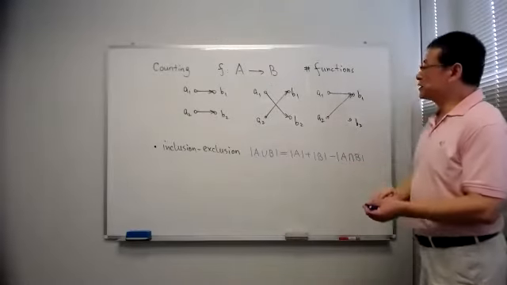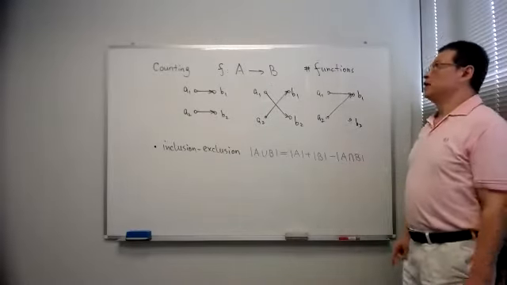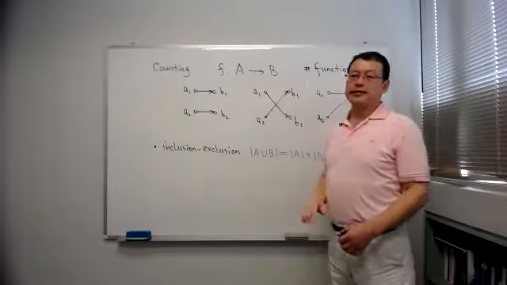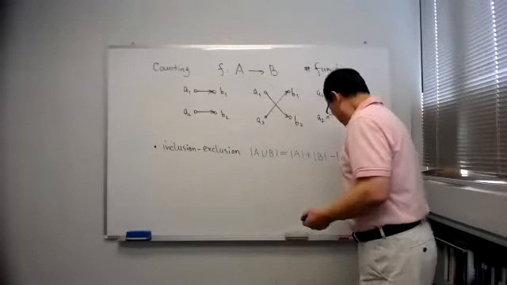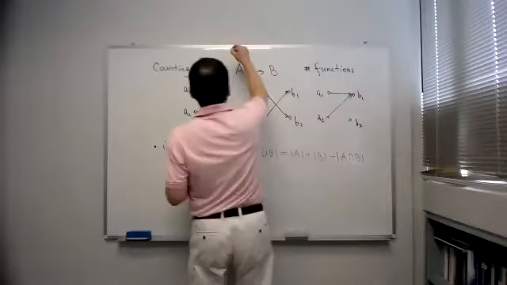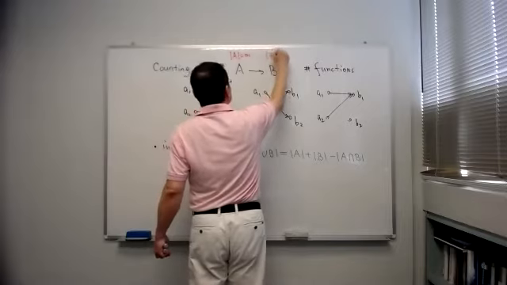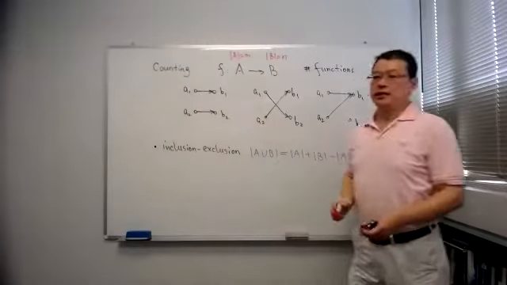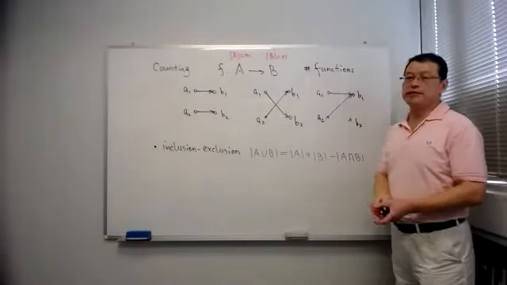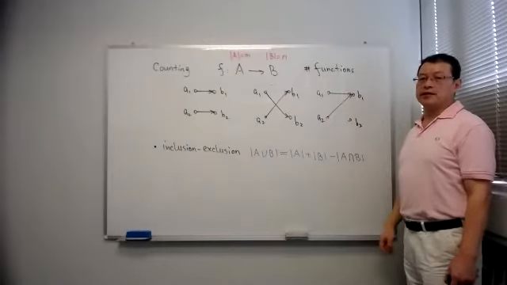All right, so we want to determine the number of different functions from set A to set B. How many are there? Suppose, to make it a little easier to write, the number of elements in A is m, and the number of elements in B is n. So what's the total number of different functions from A to B?